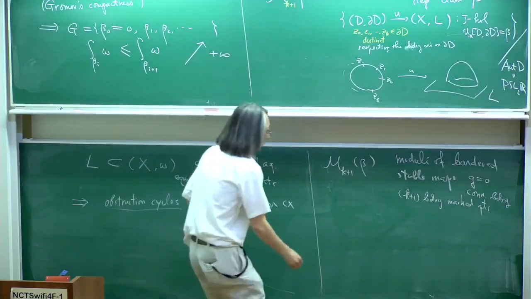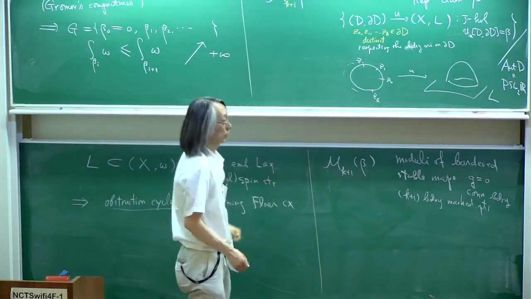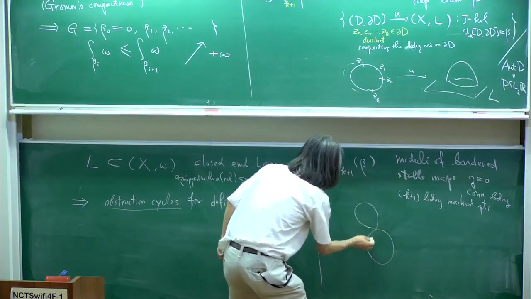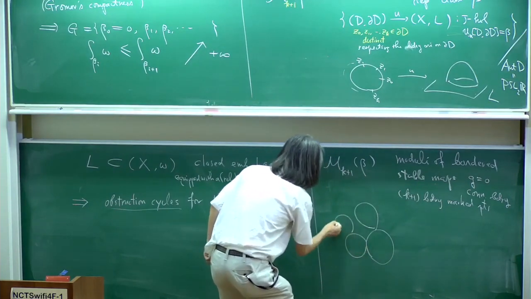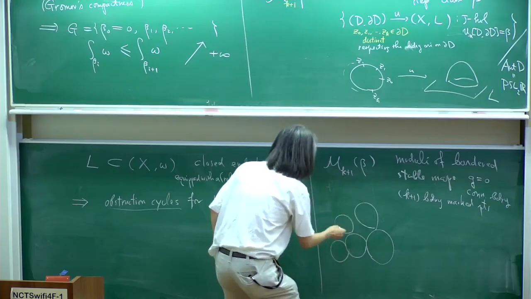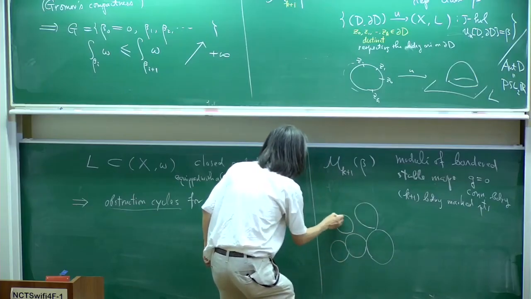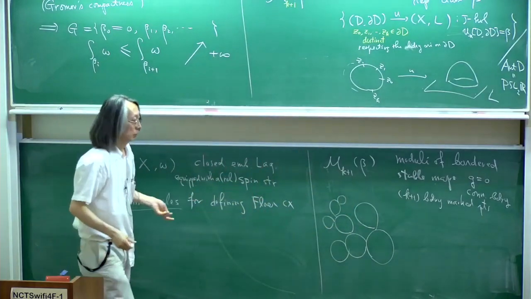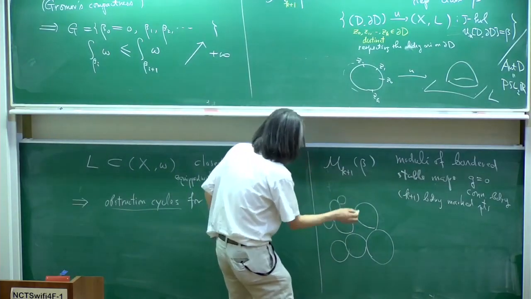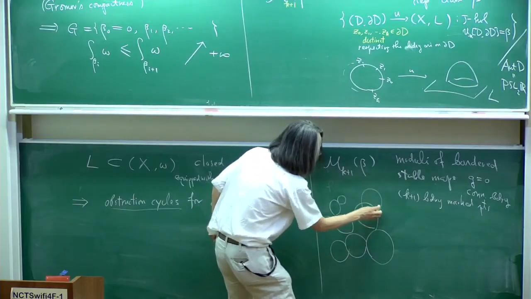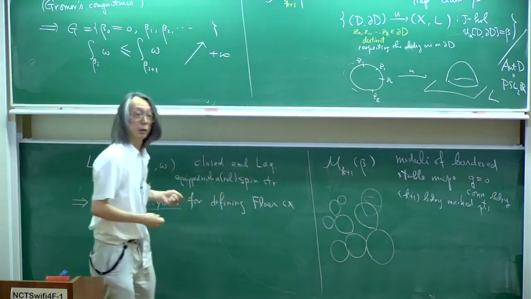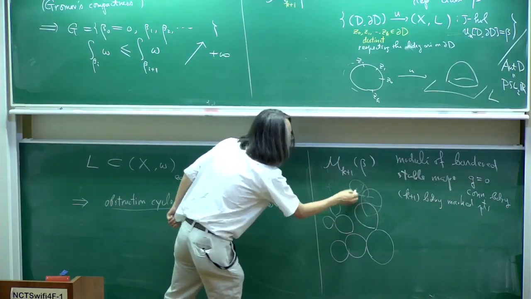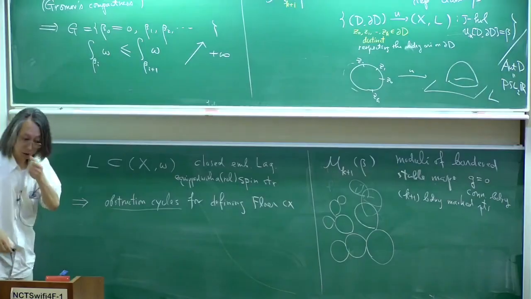Namely, now the domain need not be just one disk. Maybe the domain could be some tree-like configuration of disks. I don't know, maybe many kinds of things can happen. And even on some component you may also have a sphere. Many spheres may be attached here.